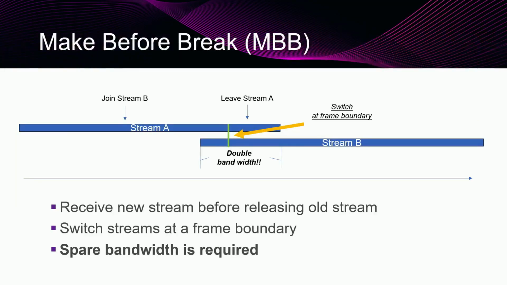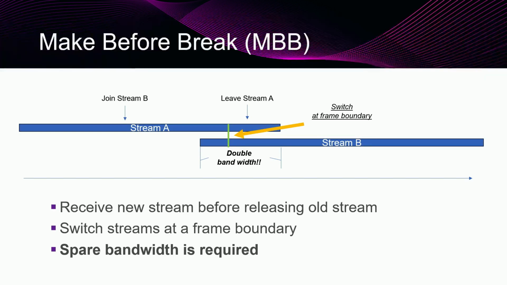Another way is make before break. In this case, stream A is available, and the operator presses the switch. Now, endpoint equipment sends the join stream B message, and stream B is coming on top of stream A. Then endpoint equipment will find the packet with a frame boundary and switch it.